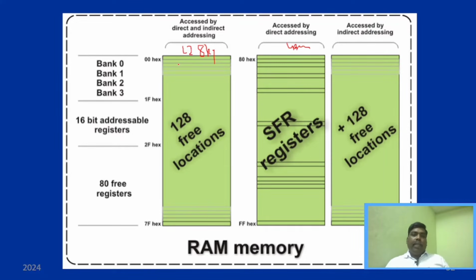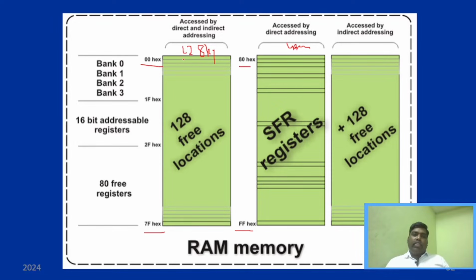You can see here the memory allocation. Everyone knows the hexadecimal representation. For the lower 128 bytes, it starts from 00 and ends at 7F, and similarly the upper 128 bytes starts from 80H and ends at FFH. This is the memory allocation.